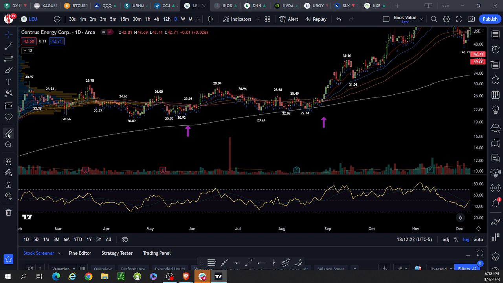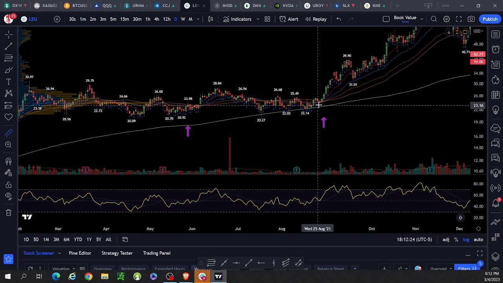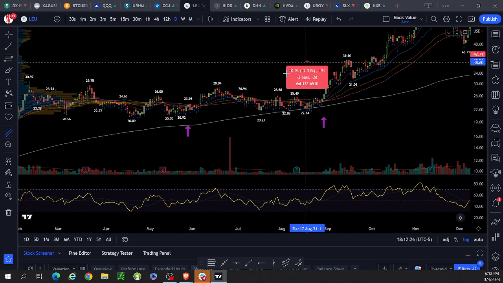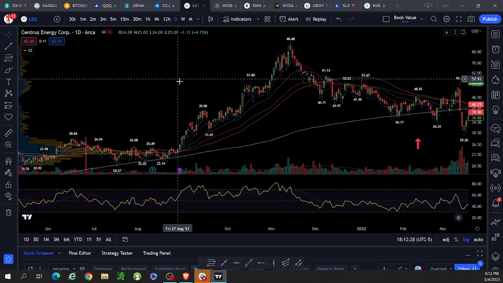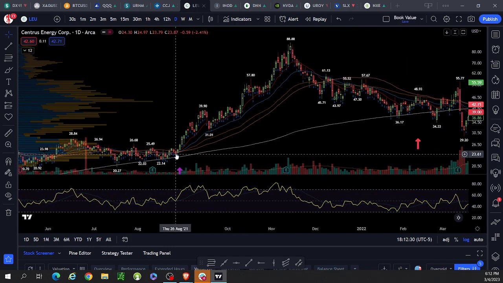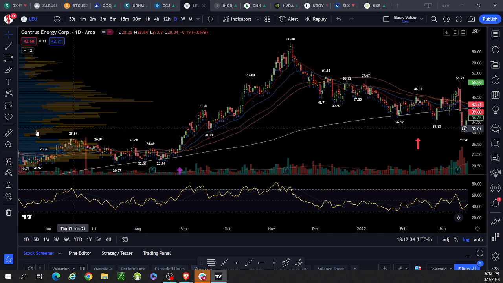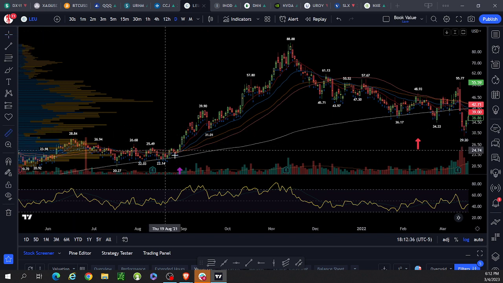Same deal here, right? Regains the daily uptrend. I got to redo this, sorry. Regains the daily uptrend, gets the daily trend change, and regains the 12 EMA in the same signal.